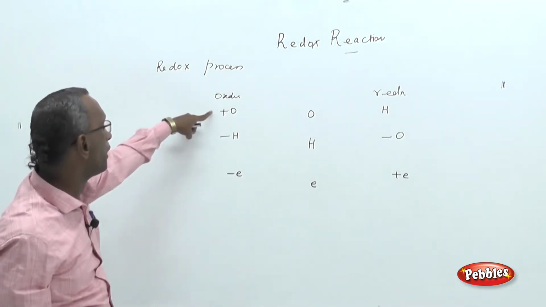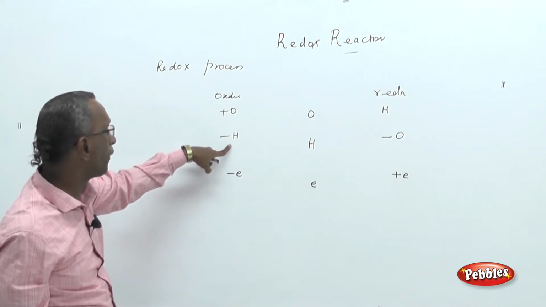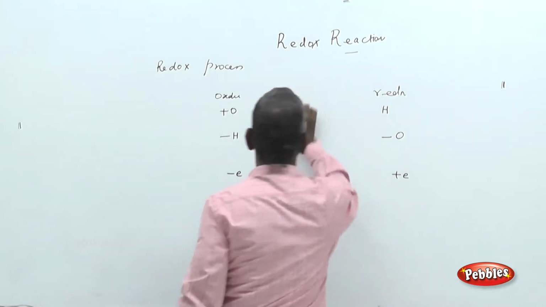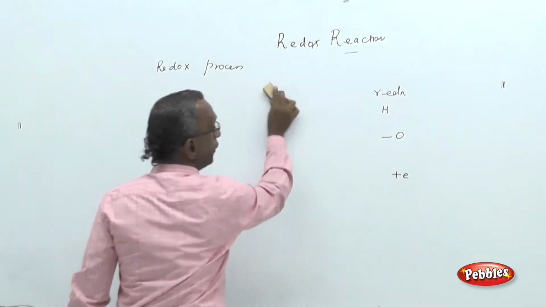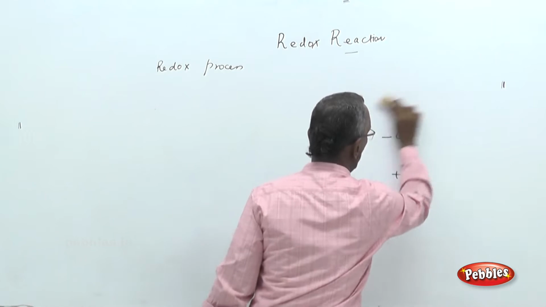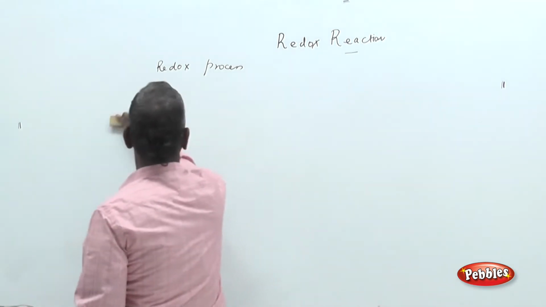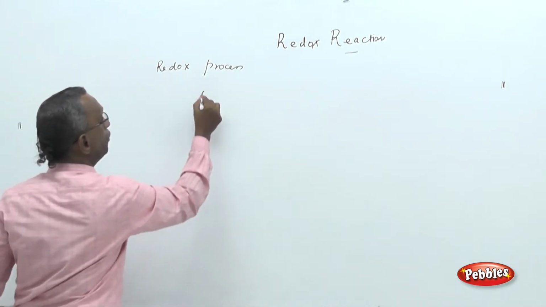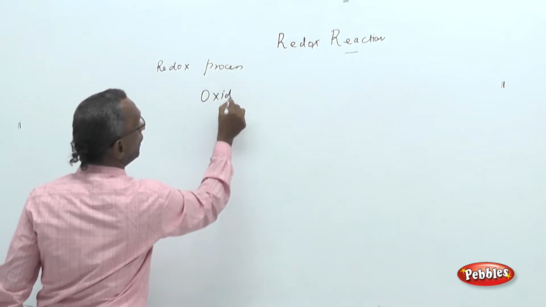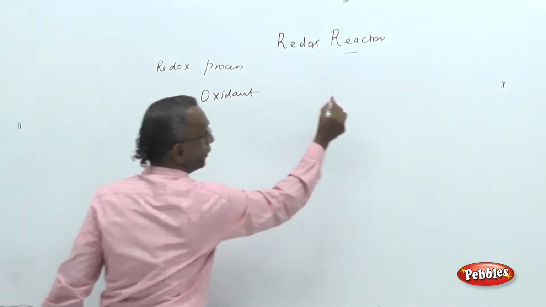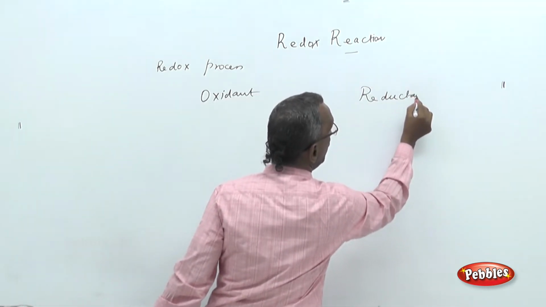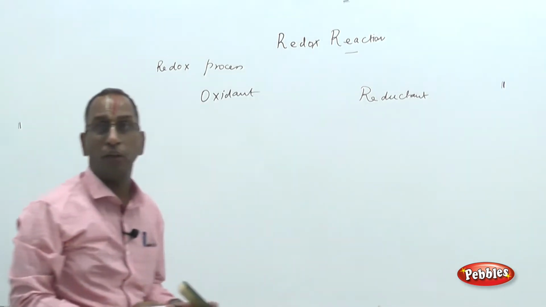Oxidation is either addition of oxygen or removal of hydrogen or removal of electron. Reduction is the process of addition of hydrogen or removal of oxygen or addition of electron. The substances are broadly divided into two types, oxidant and reductant.